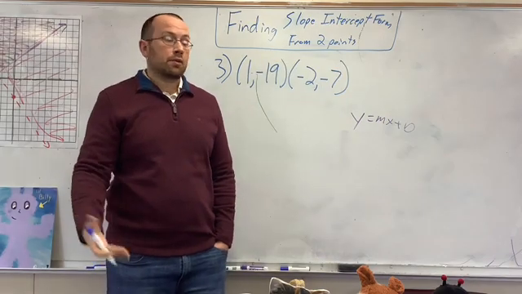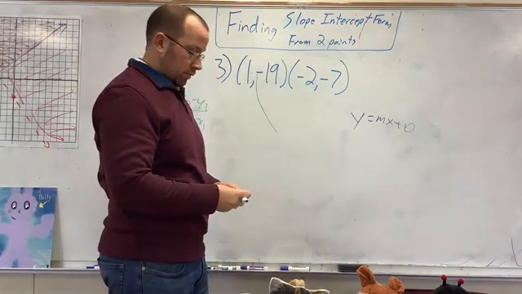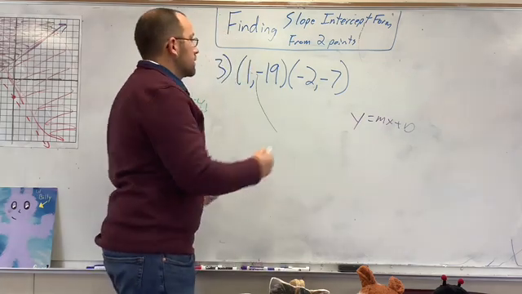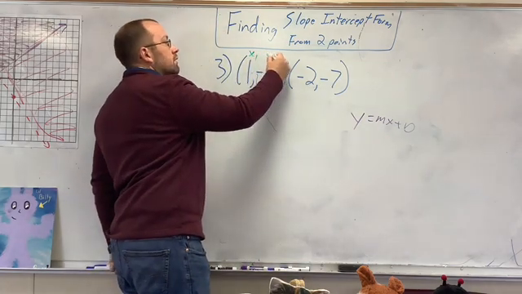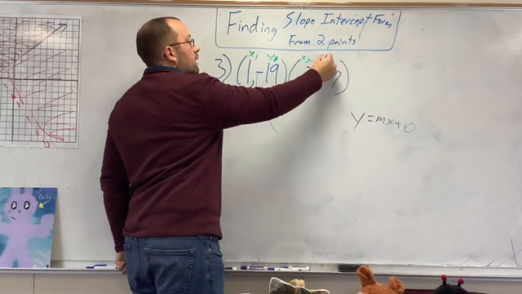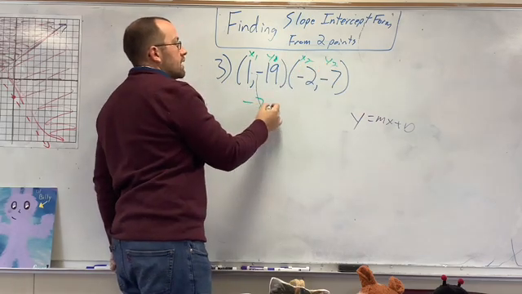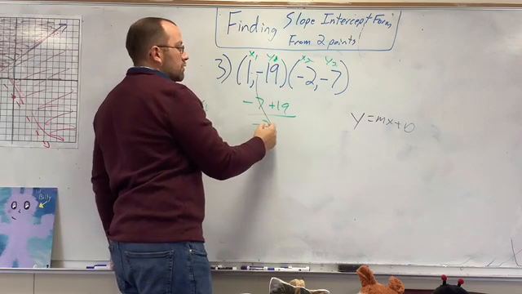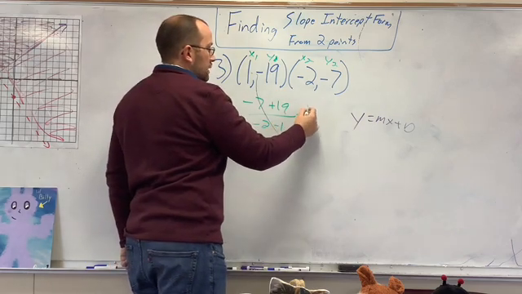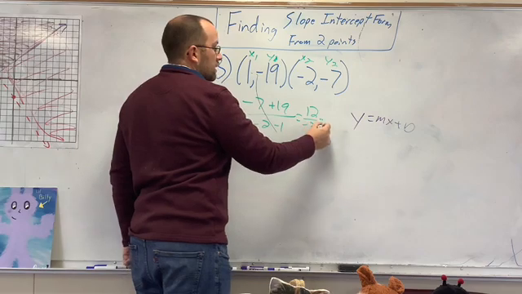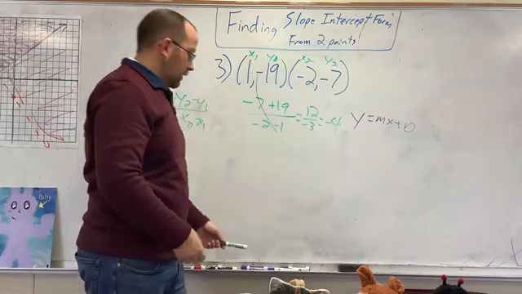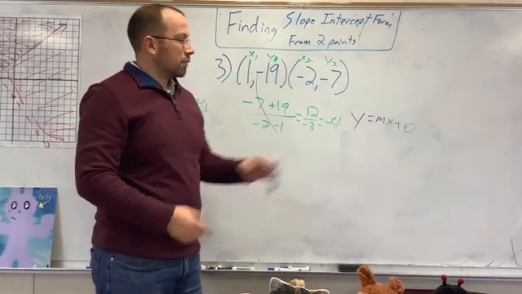All right, example 3. I'm going to do this a little bit quicker because I've already done 2 examples. So that's my x1, y1, x2, y2, negative 7 minus a negative 19 over negative 2 minus 1, so that gives me 12 over negative 3, which is negative 4. Now we need to find our b.